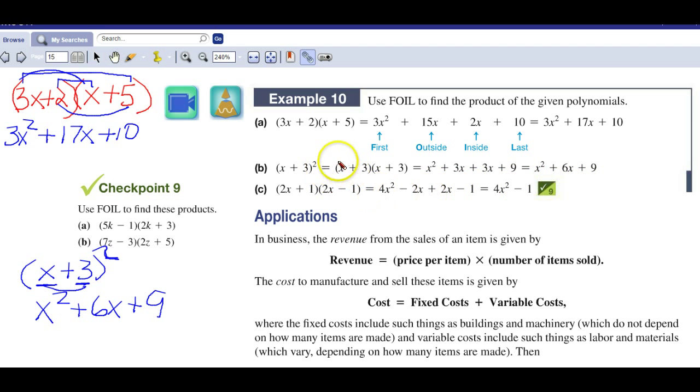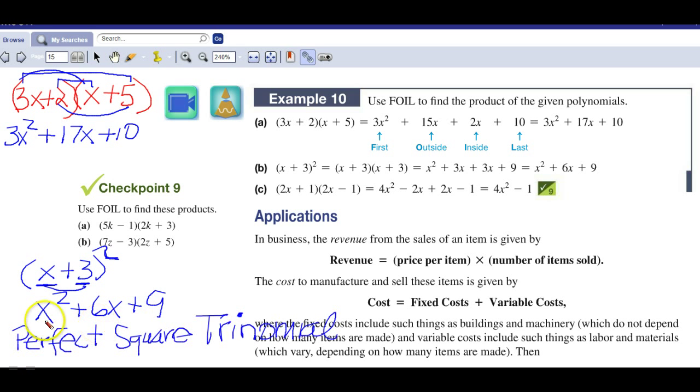Now notice when you multiply your inners and outers, they're the same. That's why just multiplying these together and doubling it, it's just a shortcut of doing it. But you can always just FOIL it the regular way. Now this one, interestingly, has a special name.